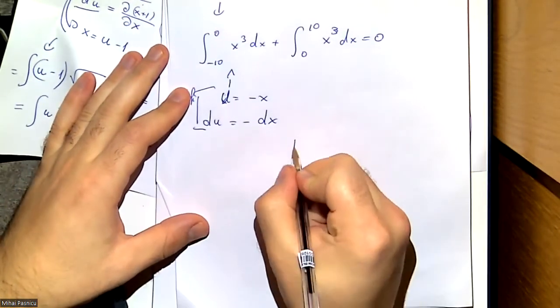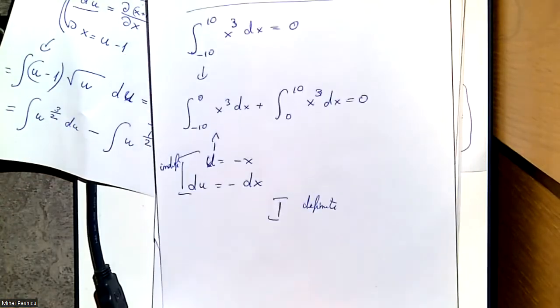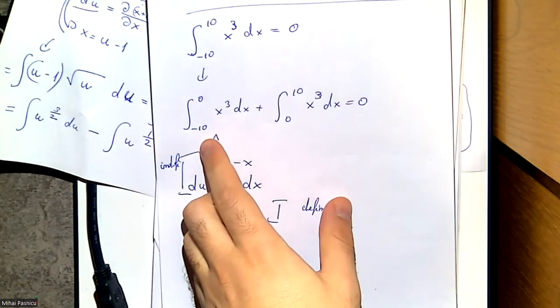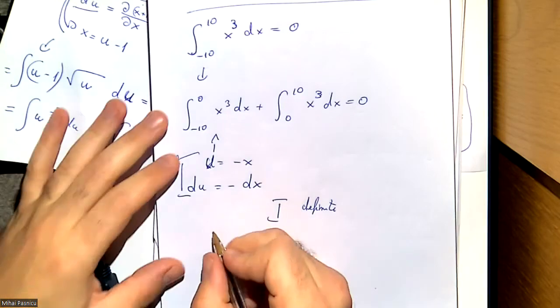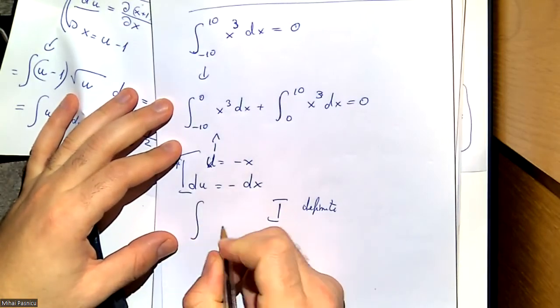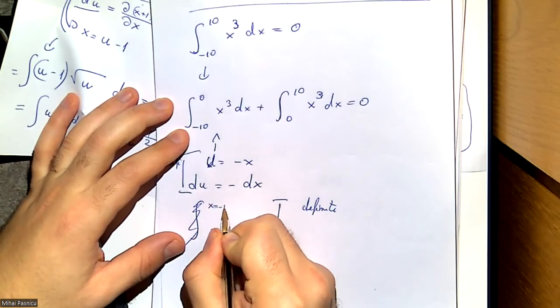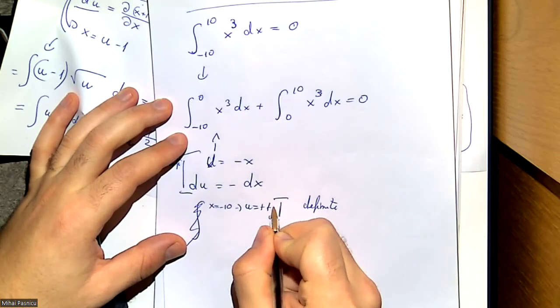Now, for the definite, I have to change my limits of integration. Okay? So I'm adding from -10 to 0. Now, if I say I want to compute the variable where u is -x, it means if x is -10, then u is going to be -(-10), so that's +10.